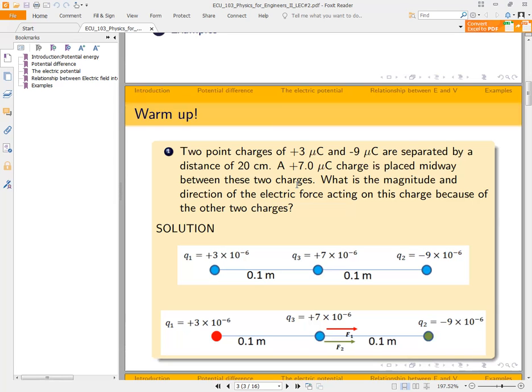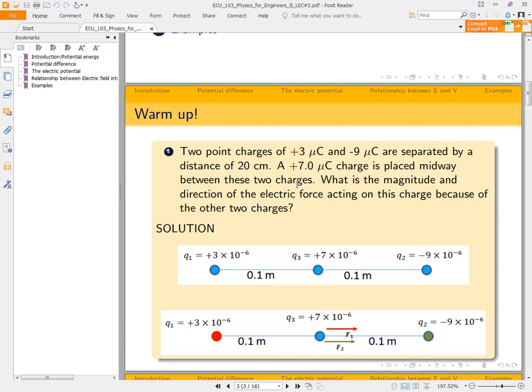A better way to handle such a question, first of all, is to have a sketch of how you understand the question. You are told that there are two charges, so you can put two points, call one Q1 and the other Q2. The distance between the charges is 20 centimeters.